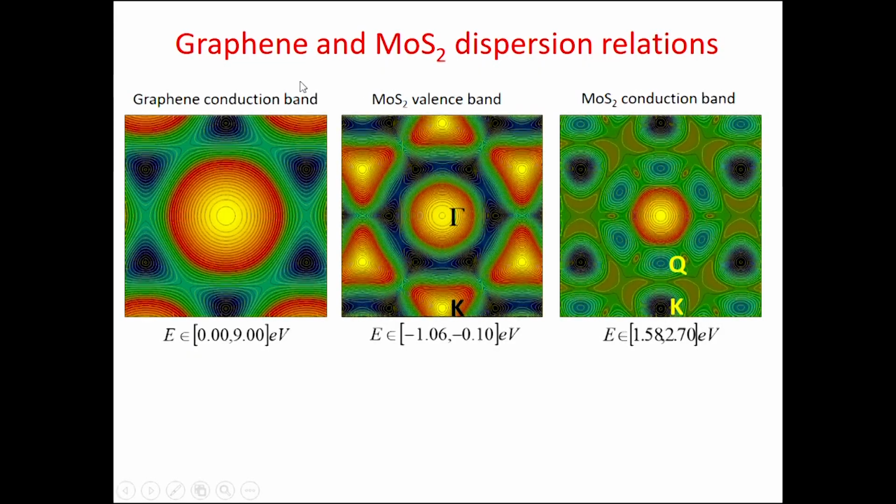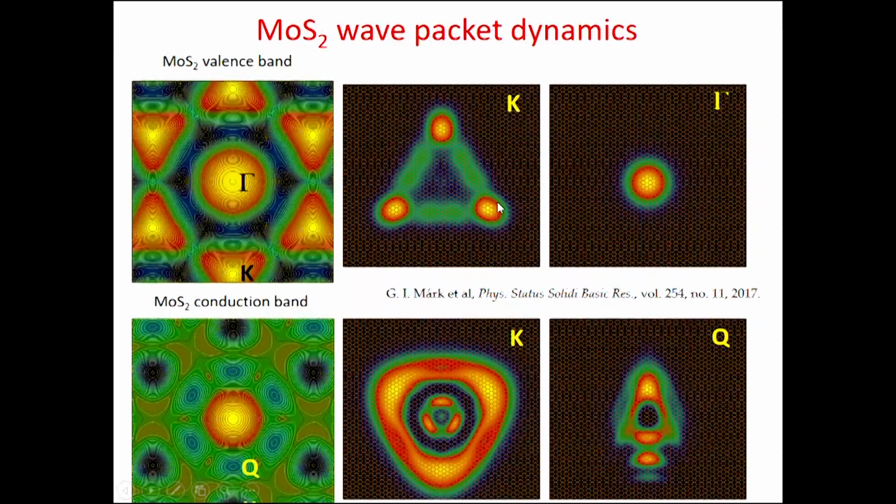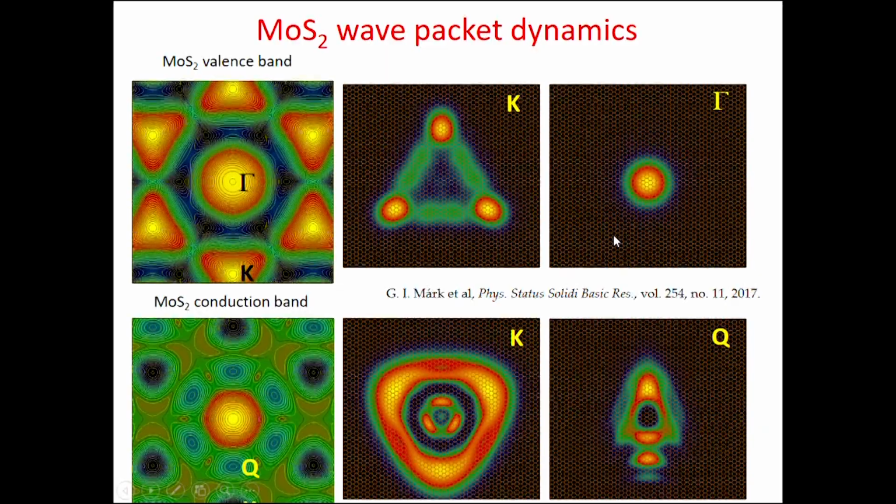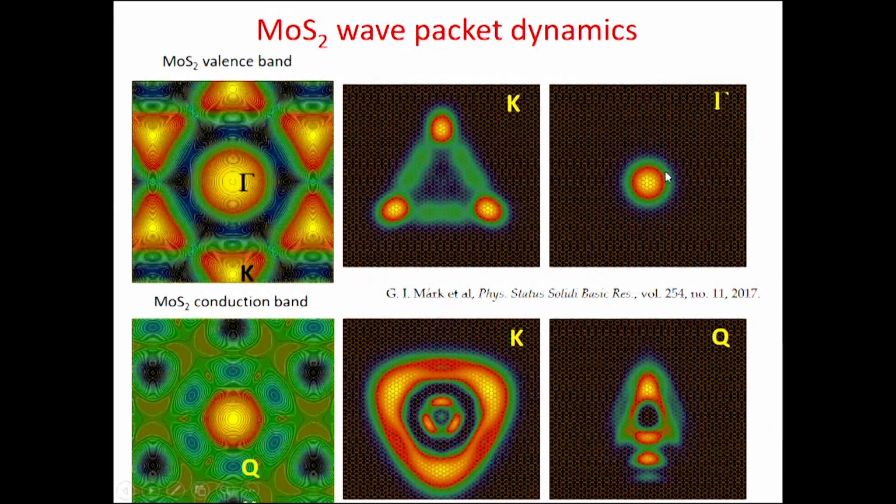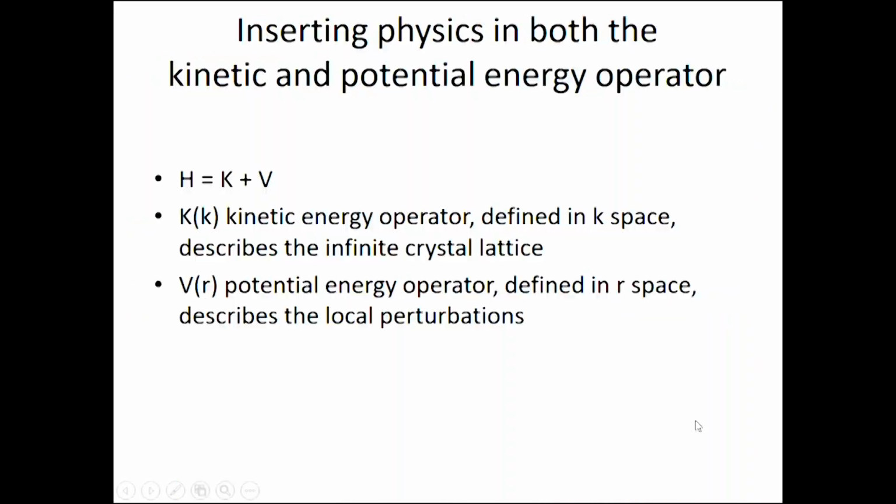And the next calculation is for a more complicated case when we have a molybdenum disulfide dispersion relation. We only show it briefly, it was published, and this is a complicated spreading of the wave packet. And what happens if we insert a structural defect in the material?